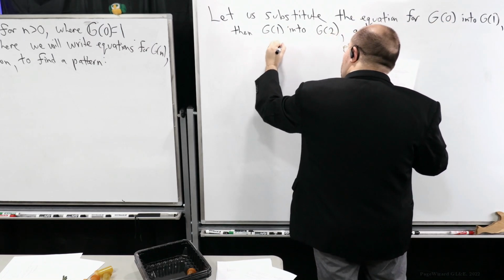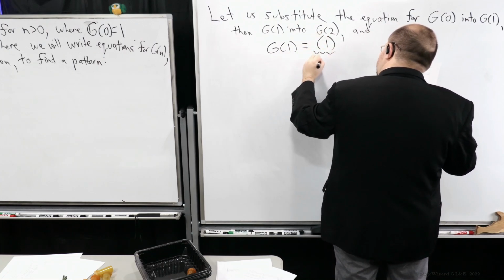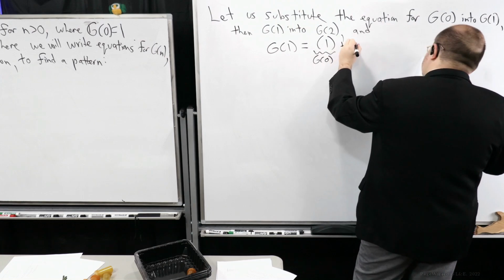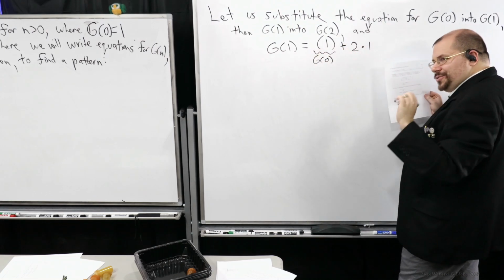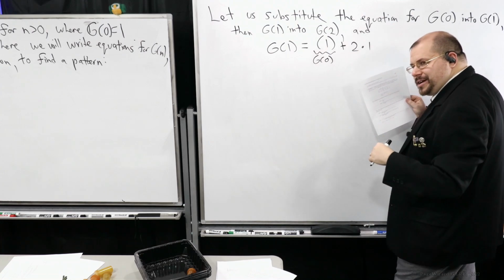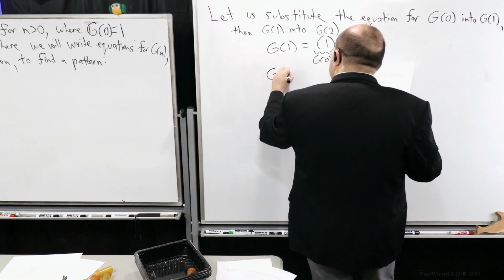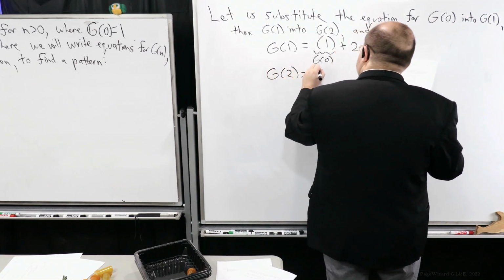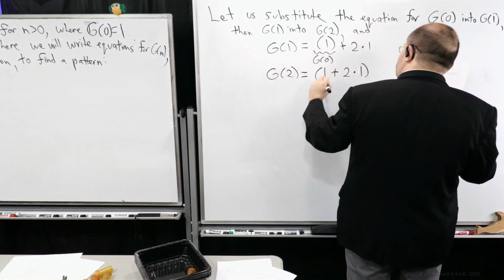So g of 1 is equal to 1, which is just the definition of g of 0, plus 2 times 1, right? Remember, it's 2 times the something. As long as you remember it's 2 times the something we add into the bucket every time, it's going to be a piece of cake. But what's g of 2? g of 2 is just 1 plus 2 times 1. That's what g of 1 is.